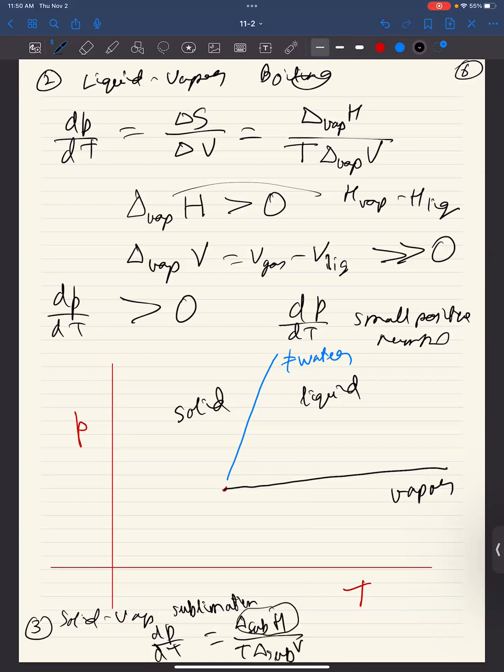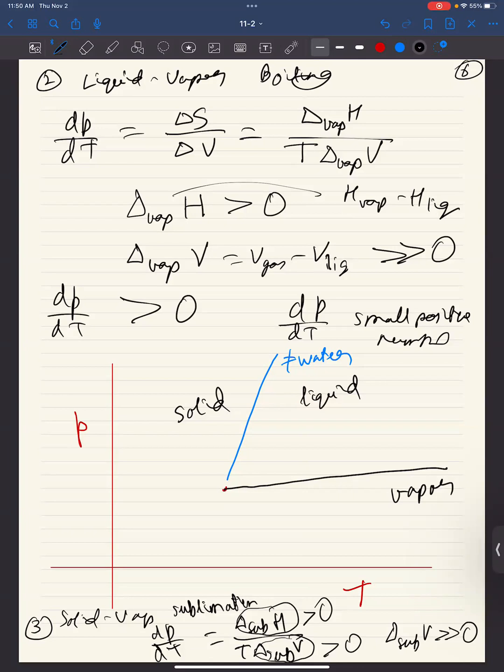Again, delta sublimation H is positive. The volume change during sublimation is also positive. Most things, when they go from solid to gas, change volume a lot. And this is also going to be a very large number, bigger than 0, right?